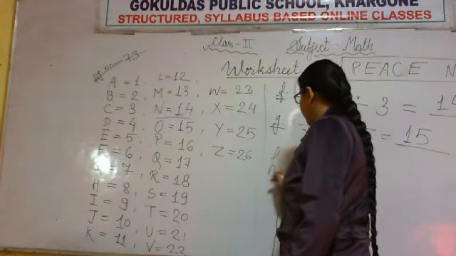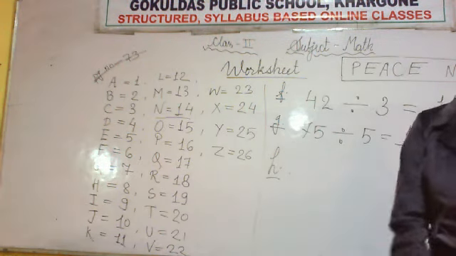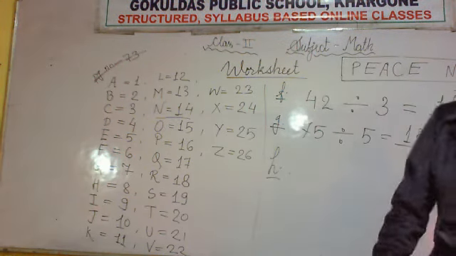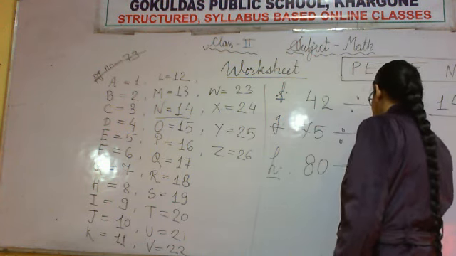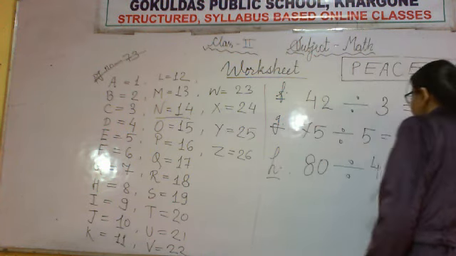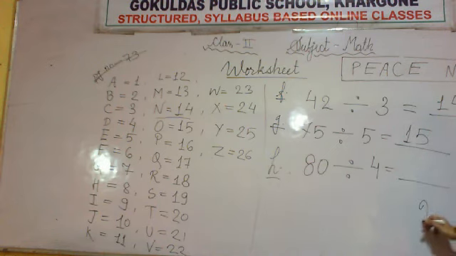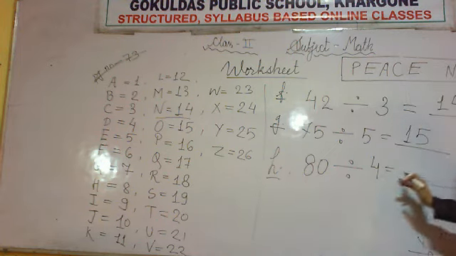Now cloud H. 80 divided by 4. So if we multiply 4 by 20 or 20 by 4, we will get 80. So in the same manner, if we divide 80 by 4, we will get 20.